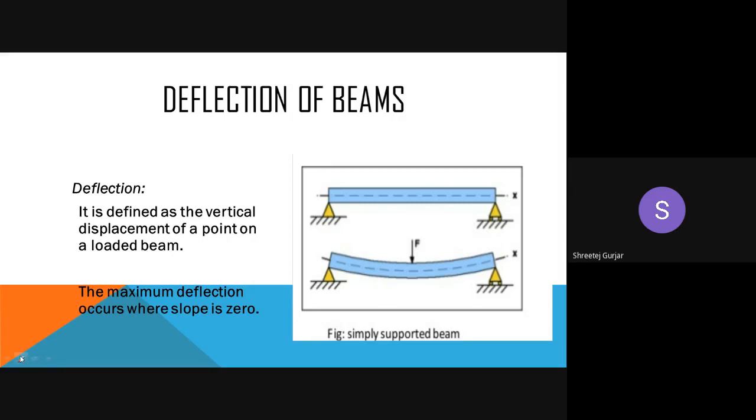So there will be some amount of deflection. This was the initial line, how your beam was, straight, and then it has deflected by some amount. How much it has deflected is nothing but what we call deflection.